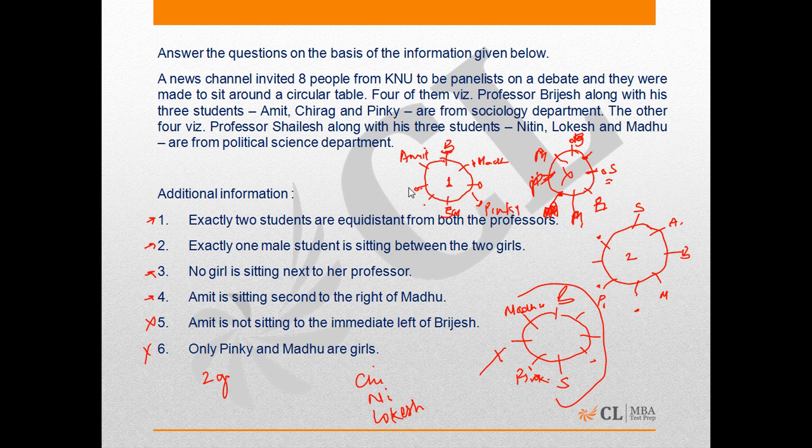When Chirag is adjacent to Amit, then Chirag, Amit and Brijesh, who are the three persons from the same department, in that case the remaining two persons, Nitin and Lokesh, can sit at any of the given two places, and this is possible in two ways.